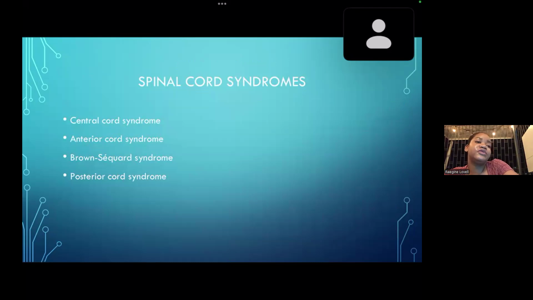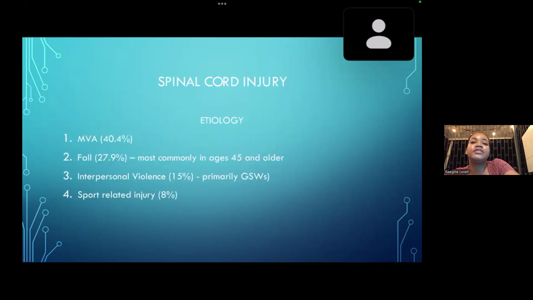The most common cause of spinal cord injury remains motor vehicular accidents. Falls are next most common, in the age group 45 years or older, particularly in older females with osteoporosis who have a propensity for vertebral fractures from falls associated with spinal cord injury. Third on the list is interpersonal violence, primarily GSWs, including in our setting.